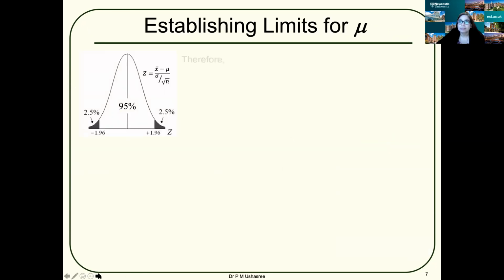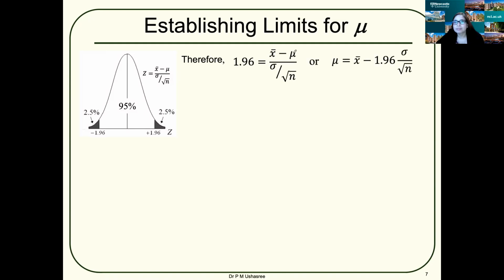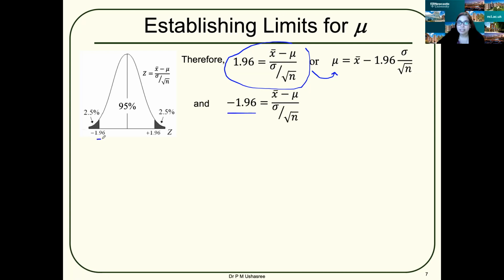We can estimate the interval of the unknown population mean. Substituting 1.96 and rearranging, you get the limit on one side for the population mean. Similarly, when you substitute minus 1.96 in this formula, you get the other extreme. Now you have the two limits for the population mean.